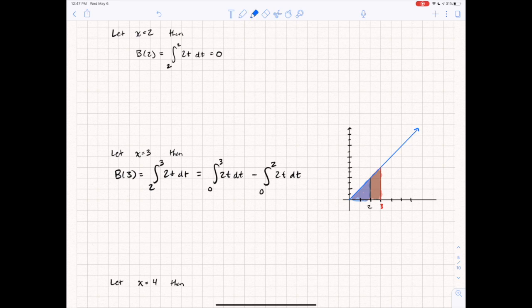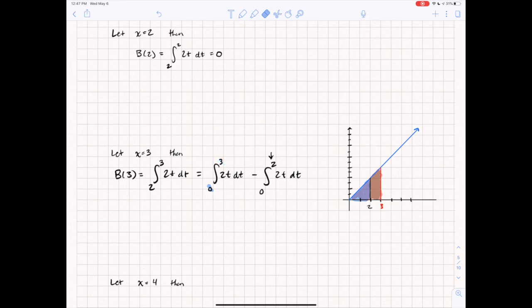Hopefully it makes sense when you're looking at the bounds, because think about it like a number line, right? This one here is counting from 0 to 3, but then I want to take away 0 to 2. So I want to take all of this away. Then what's left? 2 to 3, which is what I'm looking for. And so these integrals and areas work that way.